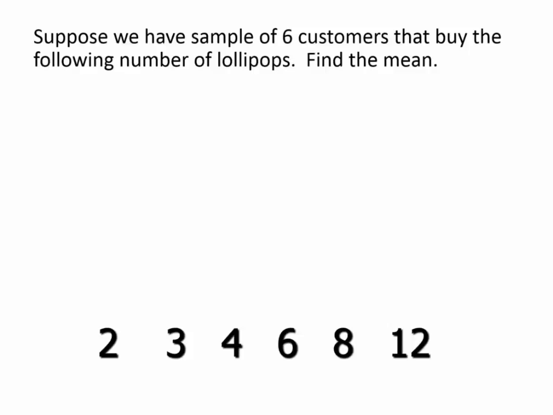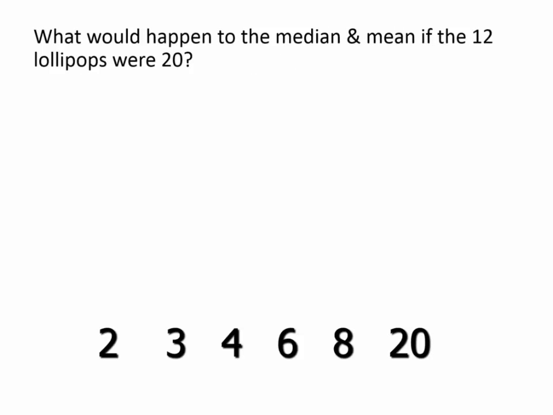Okay, so we're going to return to that lollipop example, and we're going to adjust our numbers. So let me kind of get to the new numbers. Okay, so let's say we switch the 12 to a 20, and then we'll go back through and calculate the same numbers. So I'll let you either do it by hand or reorganize it.